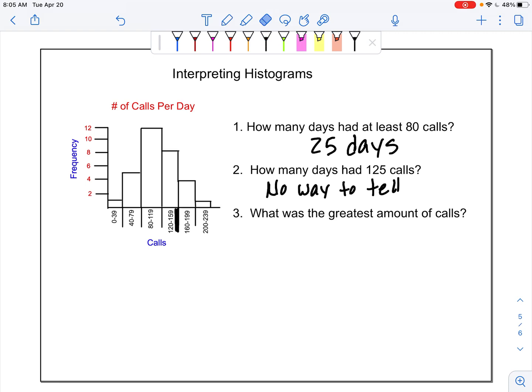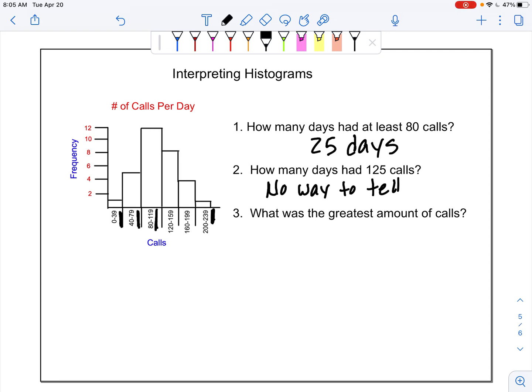So then here's my next question. What was the greatest amount of calls? Well, I'm going to assume, and this is kind of an assumption, that 239 is going to be the greatest number of calls I received. And actually, I shouldn't probably do that. I'm going to change my mind on that answer. Because I wanted to keep my intervals even. So you'll notice each one of these has 0 through 39, 40 through 79.